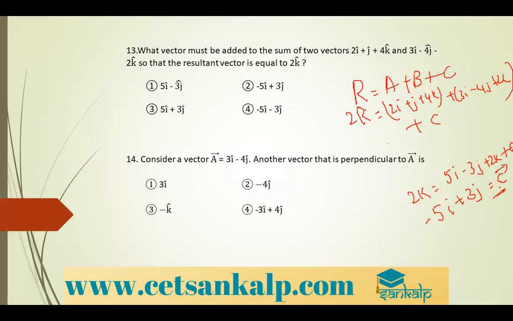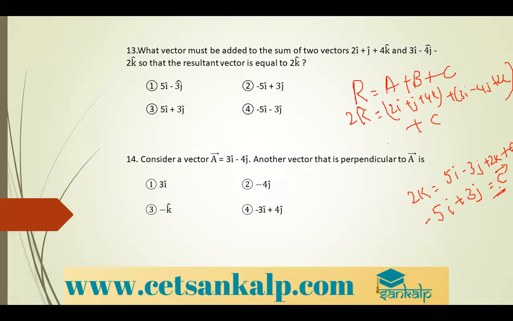Okay, fine. So next, consider a given vector and another vector that is perpendicular to A. The one thing you have to remember is that vector A is in the xy plane, correct? If I go to another vector that is perpendicular to vector A, what will be the condition?